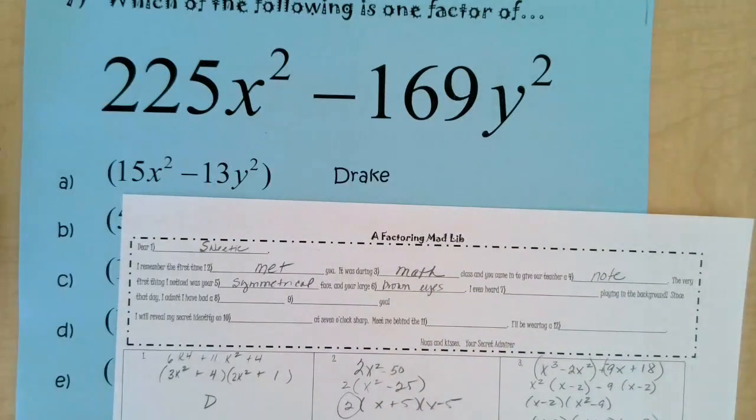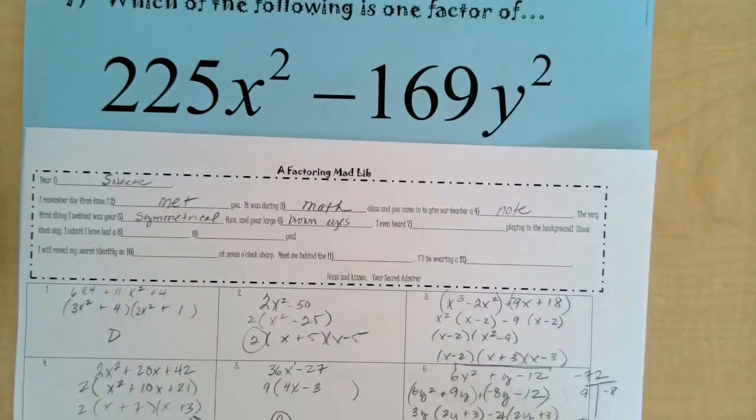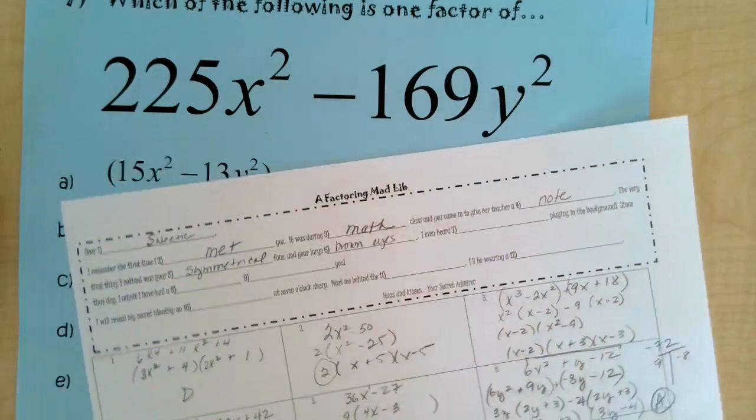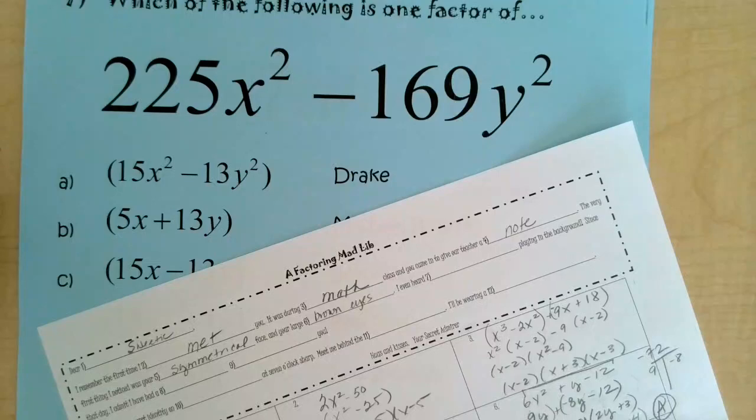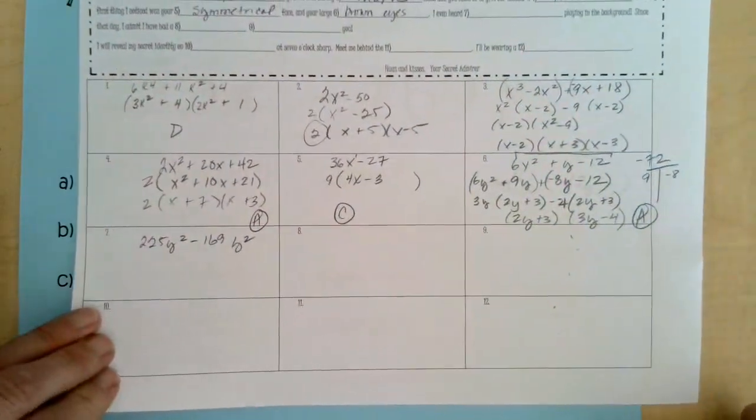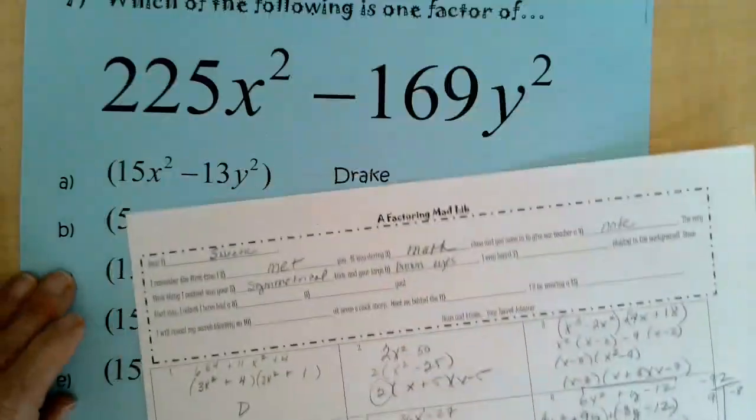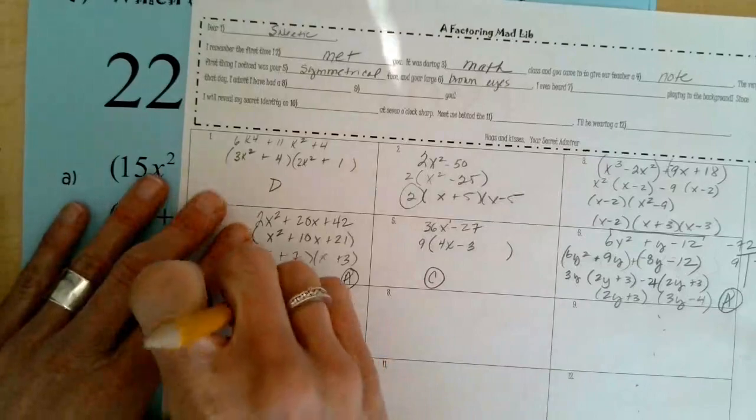All right. Which of the following is a factor? So I have 225 y squared minus 169 y squared. What am I missing? This is an x.